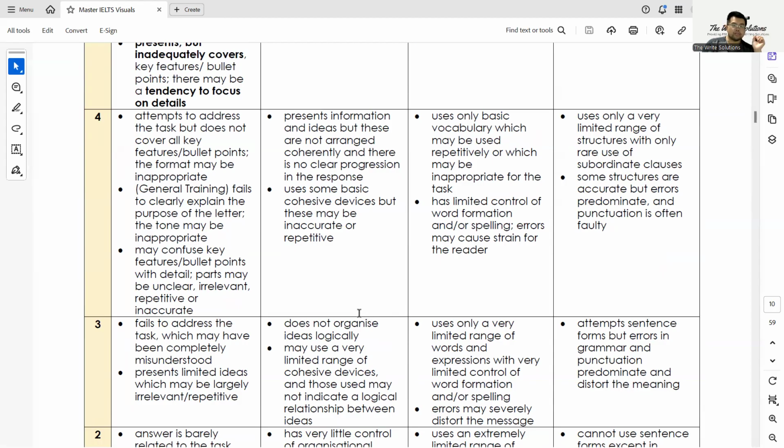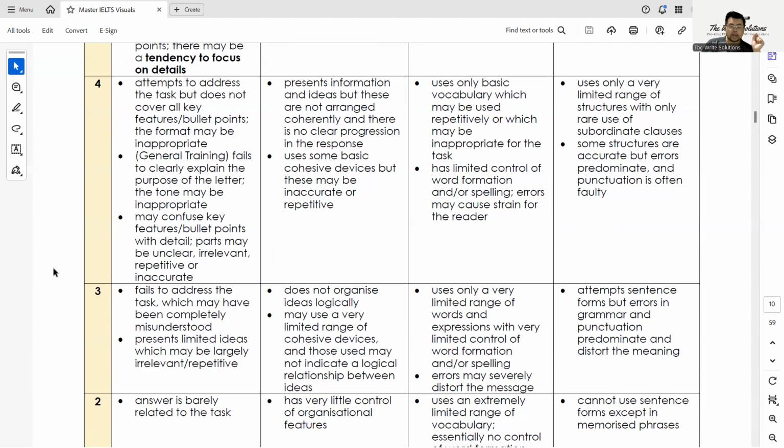You need about a 5 or a 6 for that. For college it's 6 and above. If you want to be an IELTS teacher, obviously it'll be 8 or 9. Band 4 attempts to address the task but does not. Some features are not there or are inappropriate or inaccurate. Details are missing or unclear, and there's repetition.